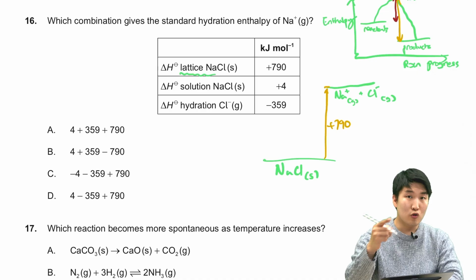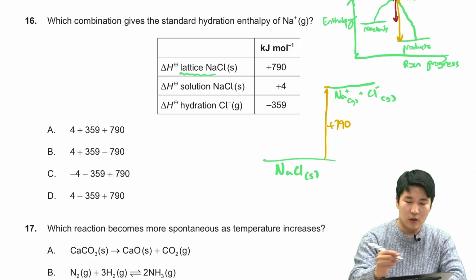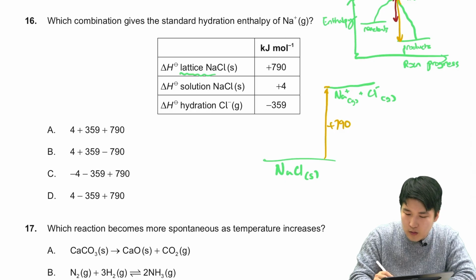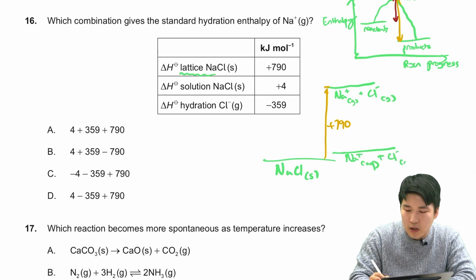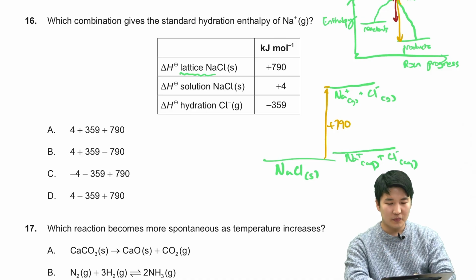We also have the final group of species, which we'll call the aqueous sodium ion and Cl minus. These are hydrated Na plus and Cl minuses.